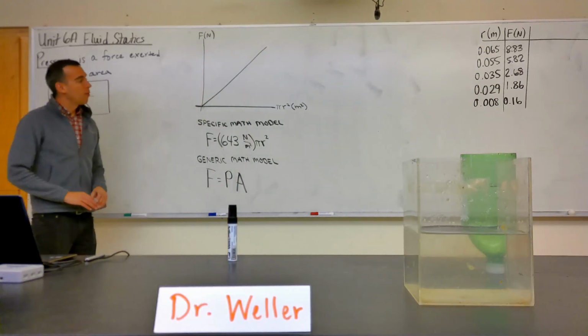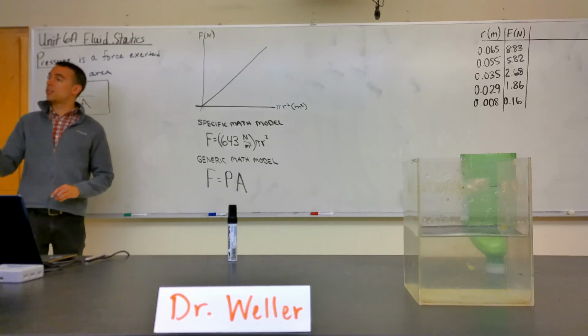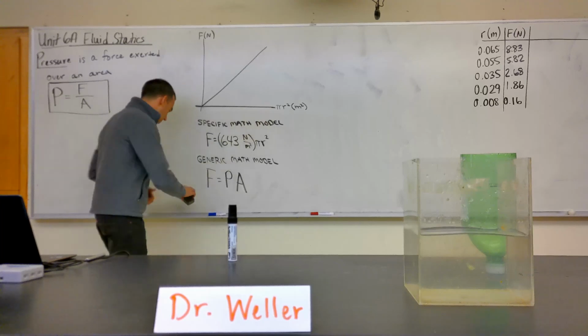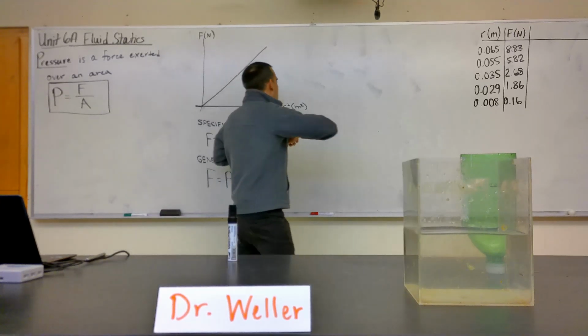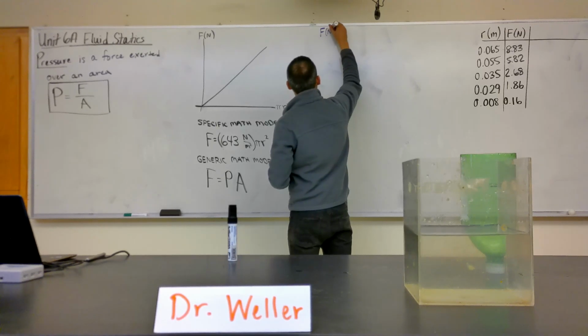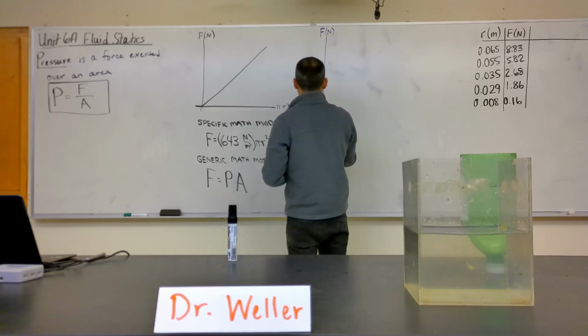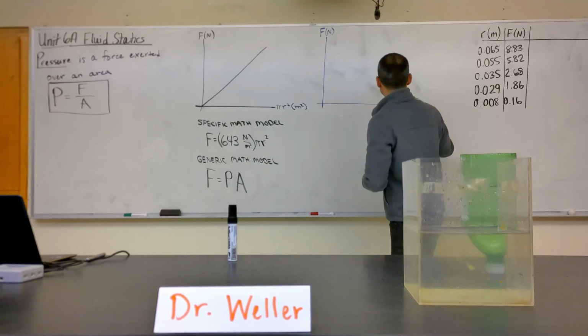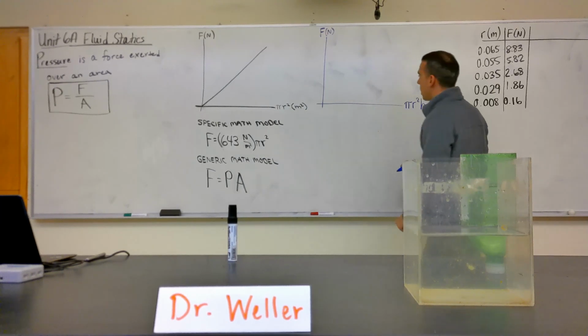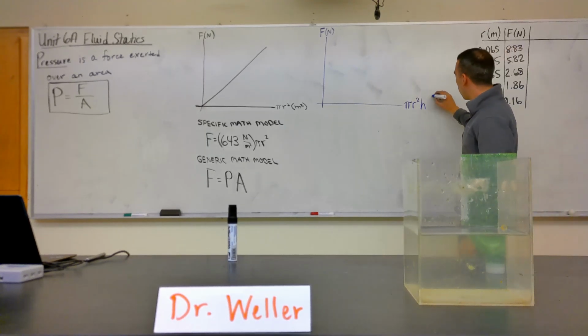All right, let's try doing what Tyler suggested. Tyler suggested that we could take these numbers, and if we multiplied by the height as well as pi, and keeping our r squared in the linearized form, if we do pi r squared h here, we now will have units of meters cubed.